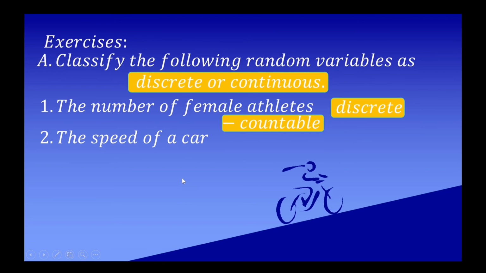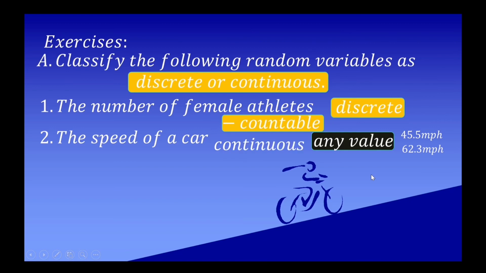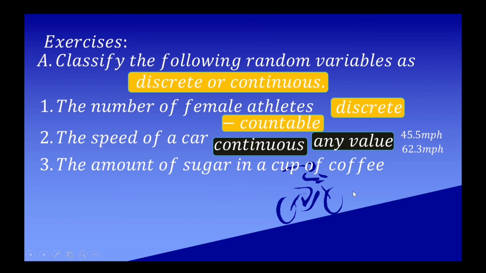Then number 2, the speed of a car. To find the values, you could obtain, might be 45.5 miles per hour, 62.3 miles per hour. So it takes any value and is obtained by measuring. So this is a continuous random variable.